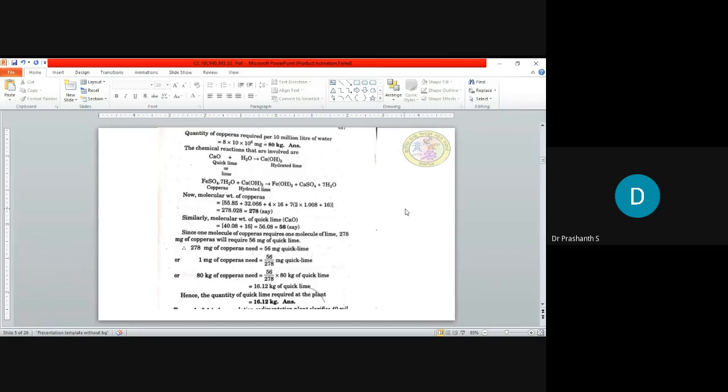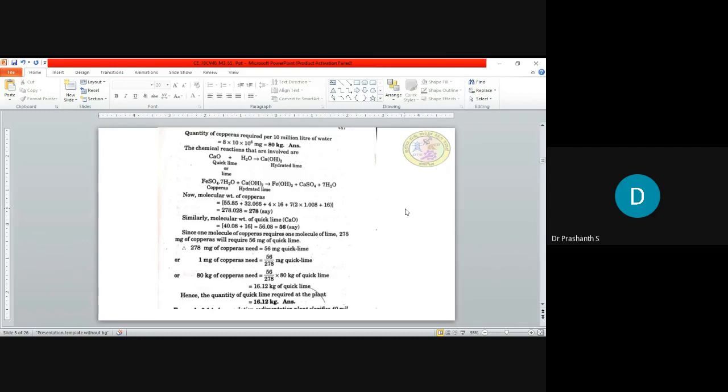Now, when quicklime is added to the water, it forms calcium hydroxide or hydrated lime. CaO plus H2O gives you Ca(OH)2. And when copperas is added, FeSO4·7H2O reacts with calcium hydroxide, Ca(OH)2, and gives you ferric hydroxide, calcium sulfate, and 7H2O. This is the equation you get.